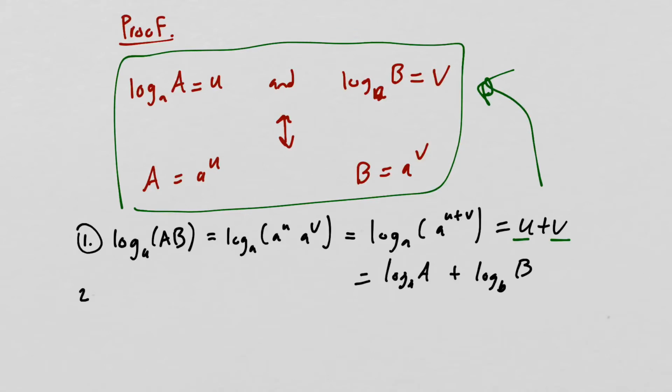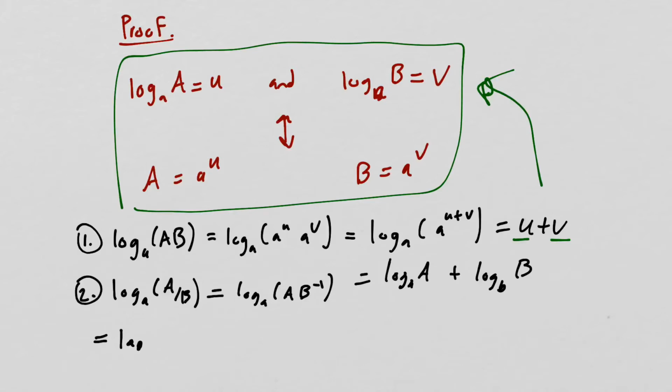For number 2, we start off with the log base a of A divided by B. This is going to be equivalent to the log base a of A times B raised to the negative 1. By part 1, this is equal to the log base a evaluated at A plus the log base a evaluated at B inverse. Replacing B inverse in the previous equation, we rewrite this as the following.